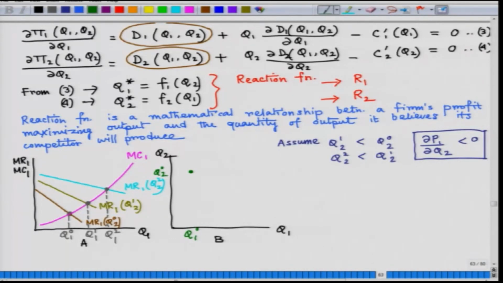So, if firm 1 assumes that my competitor firm 2 is going to produce and supply at this level, my firm 1 is going to choose this much output.